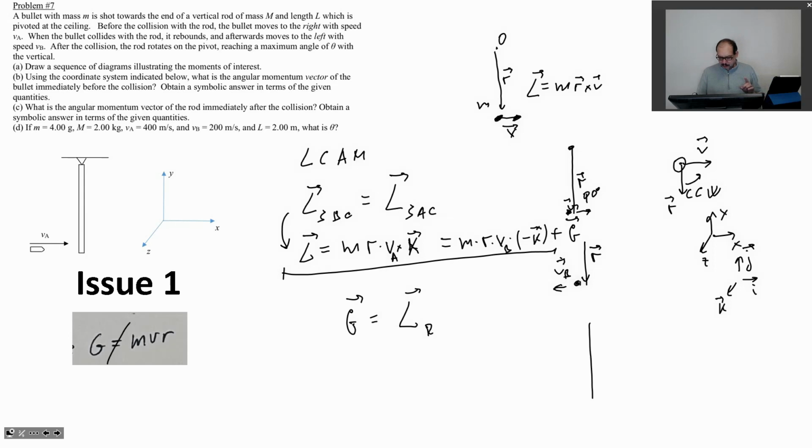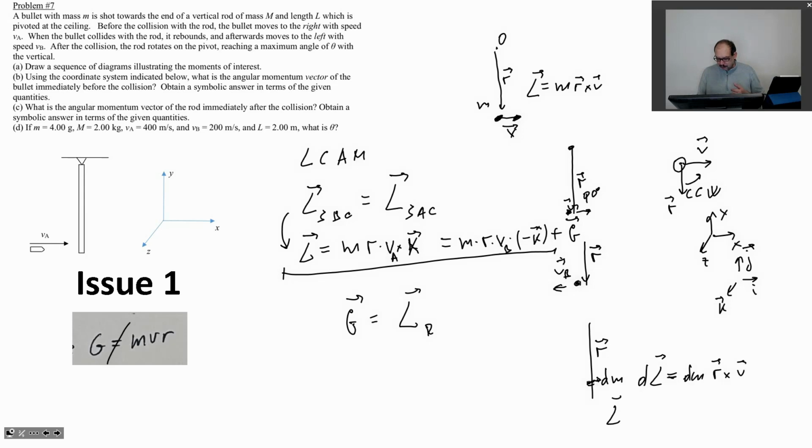For the rod, what you could have done is break it down into small parts, and for each part calculate the individual angular momentum, which would have been equal to, in this instance for the tiny portion of it, mass times radius vector times the velocity of that part.